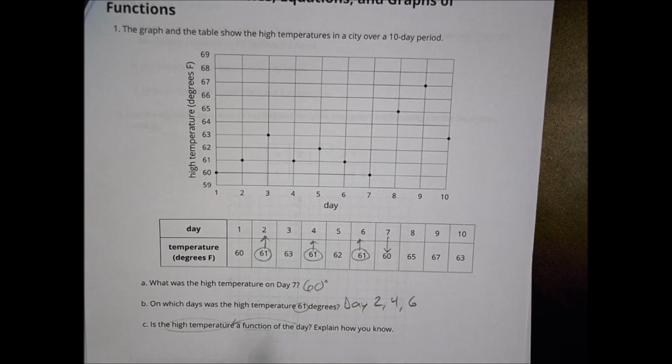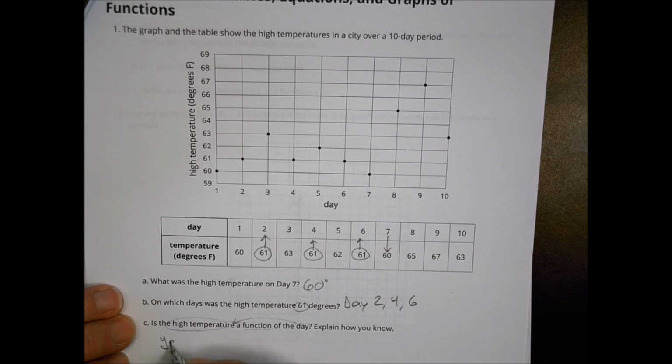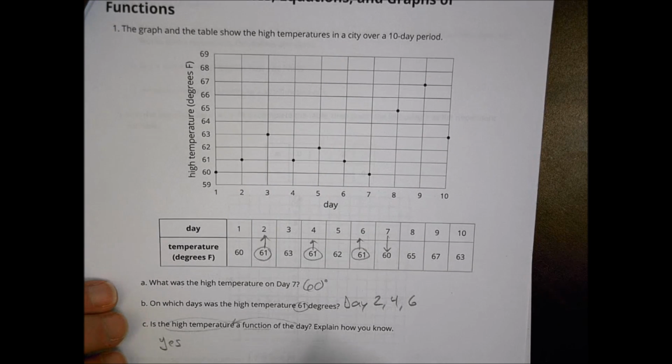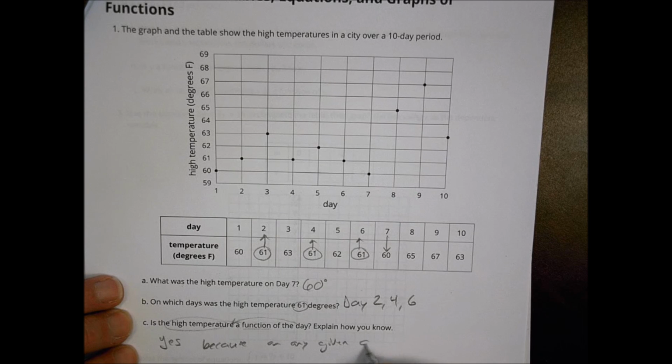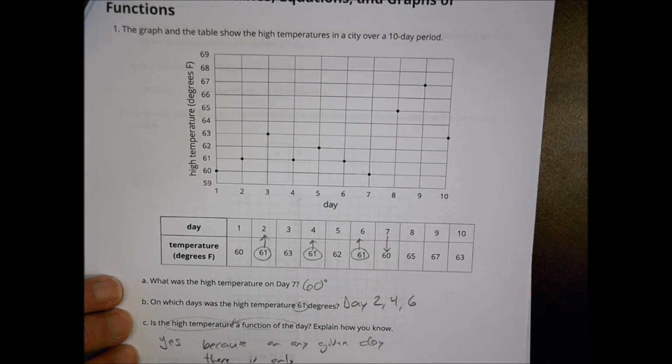Okay. Well, in this case here, we would actually go ahead and say, yes, it works out that way. And that's because on any given day, there is only one high temperature.